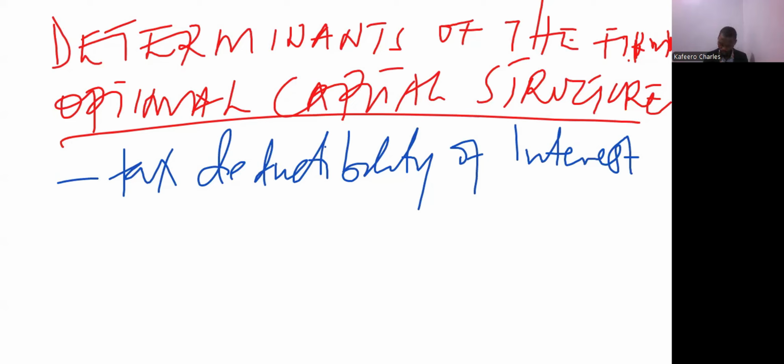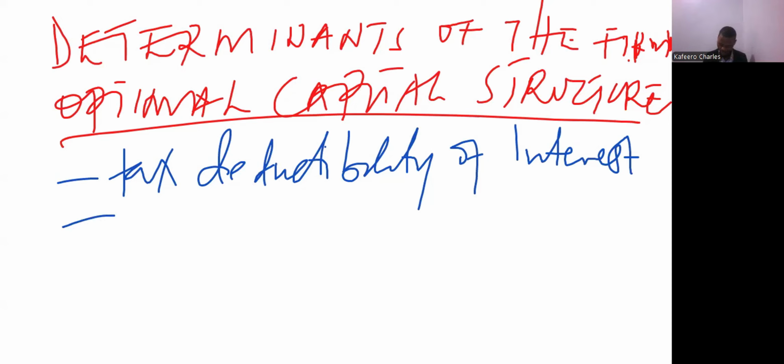So, the tax deductibility of interest. Remember, we are always allowed interest to be expensed before we charge tax. So it's important, and it's one of the reasons why people go in for debt, to enjoy that benefit.